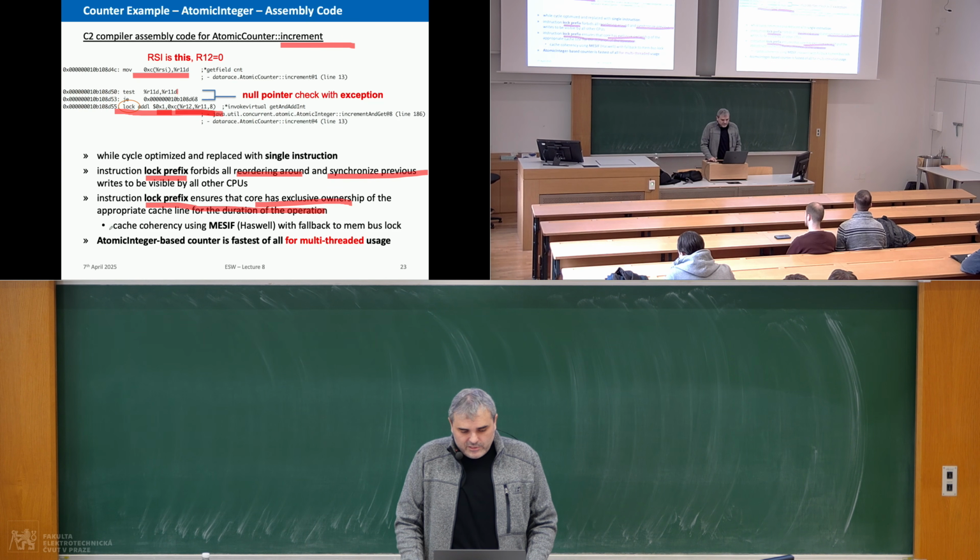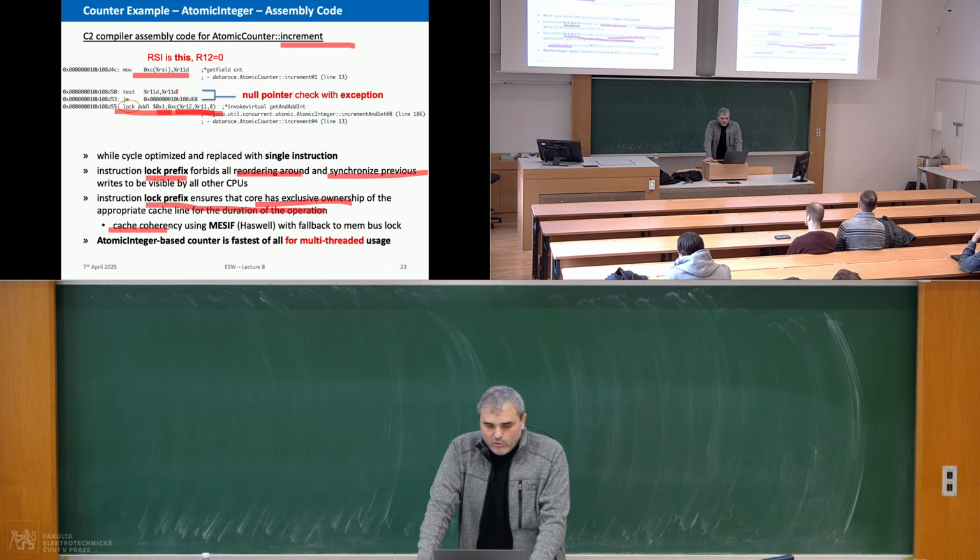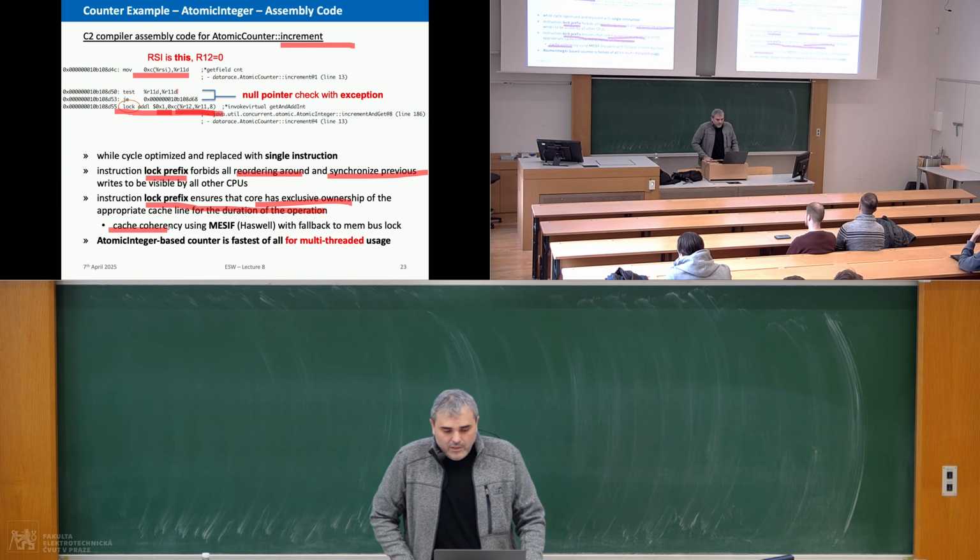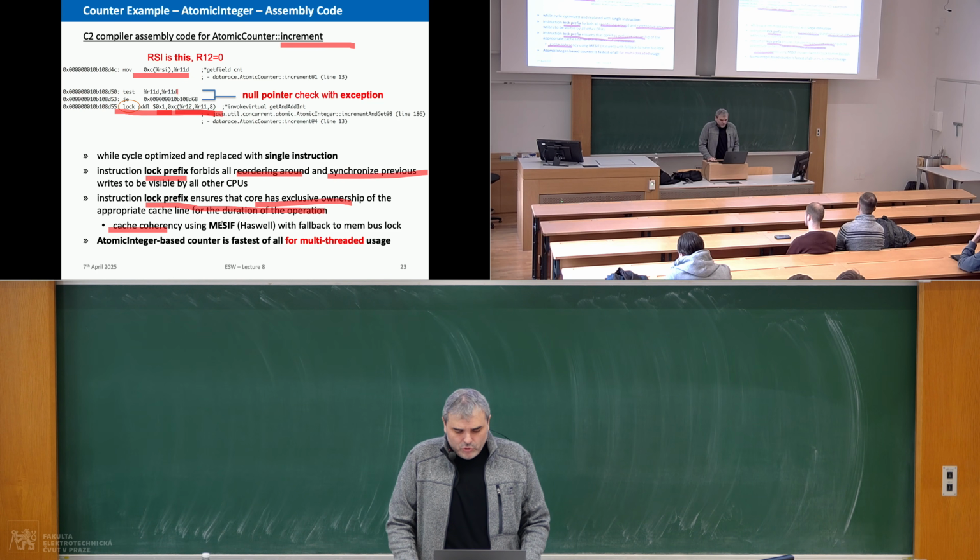So there exists this cache coherency protocol, you should be aware of that, called MESIF. MESIF is just a shortcut of various states in that protocol: modified, exclusive, shared, invalid, or forwarding. And in our case, exclusive, that's E here.